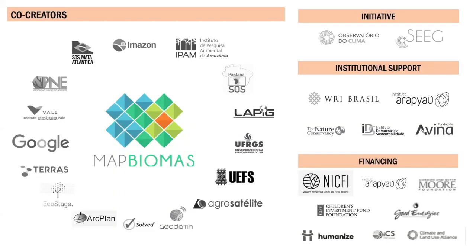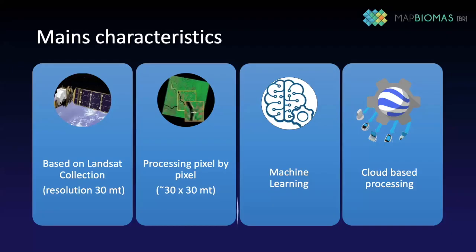This started back in 2015. It's a group that involves NGOs, universities, and technology startups, and the idea is to develop a large time series of land use maps in Brazil, and then allow us to understand land use change, and then the emissions and so on. It's based on Landsat, processing pixel by pixel, with a lot of machine learning and cloud-based processing.